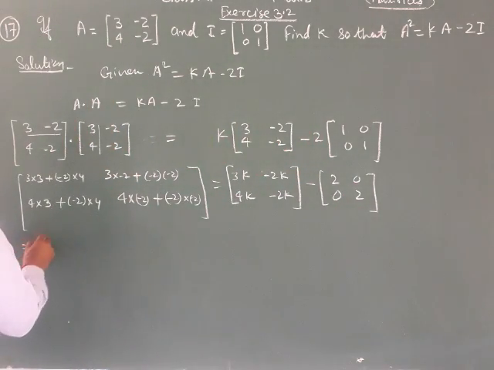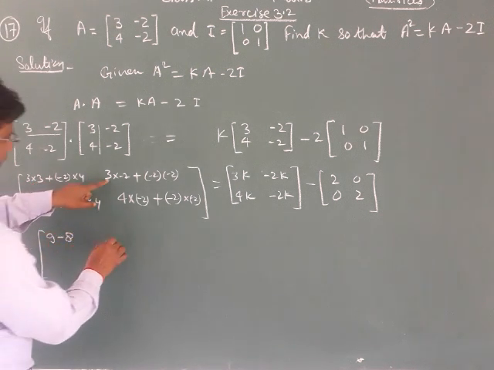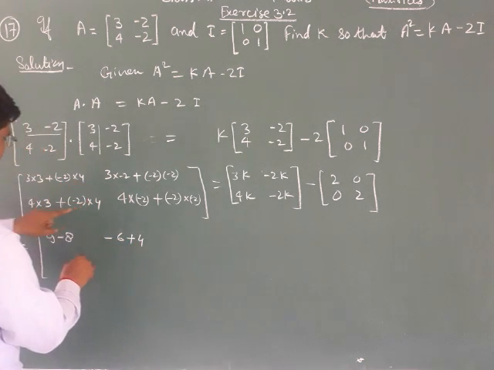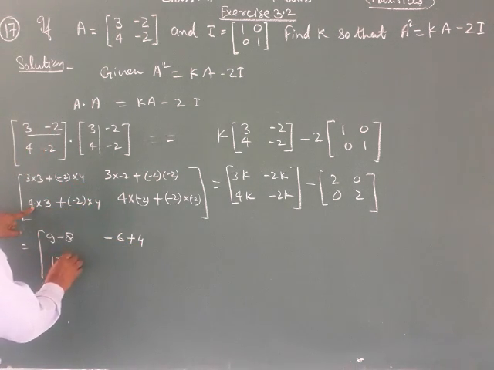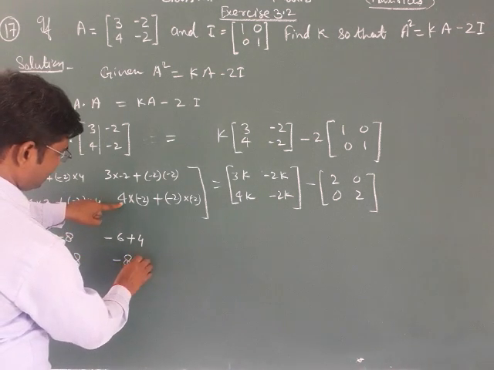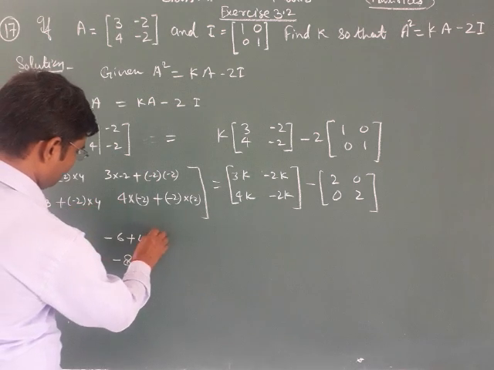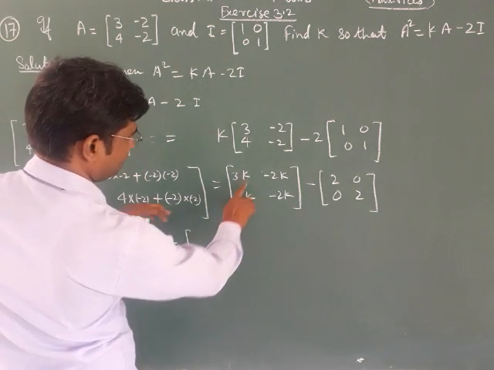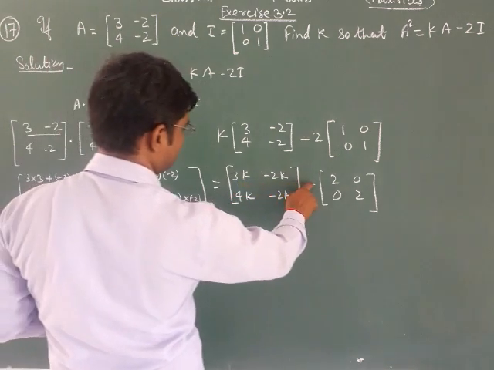So now write here: 3 times 3 is 9 minus 8, and minus 6 plus 4, and 12 minus 8, and minus 8 plus 4. This is subtraction.